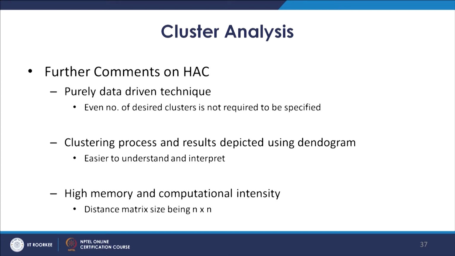High memory and computational intensity. This is one drawback of HAC approaches, because if you remember in R itself, we were creating this distance matrix all the time, and these distance matrices were of the size n cross n, where n is the number of observations. Because of this, there is a lot of storage requirement for implementing this approach, and that would also slow down the processing.